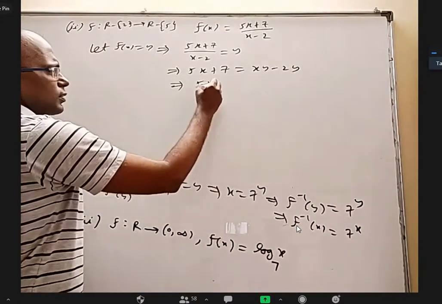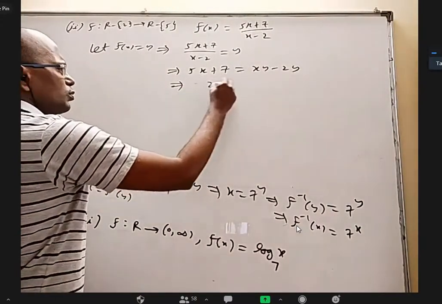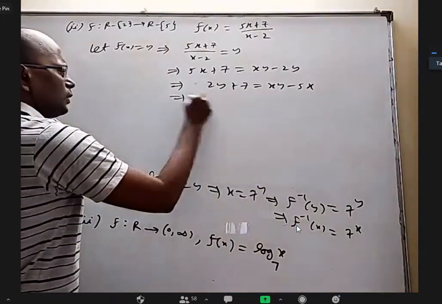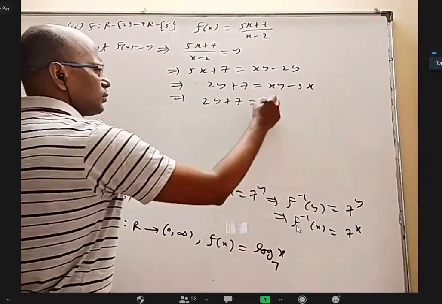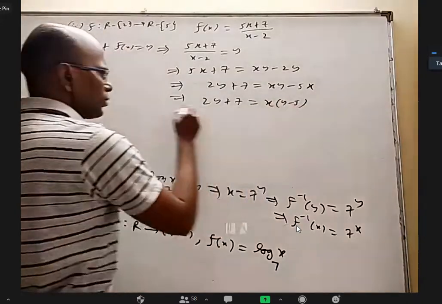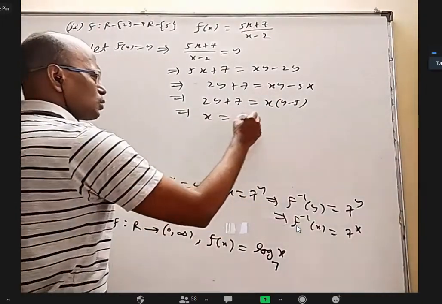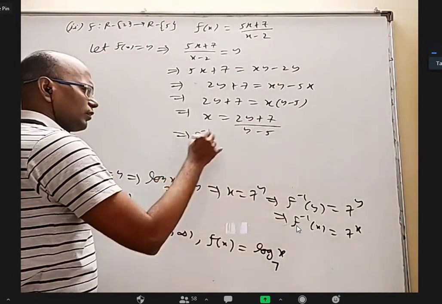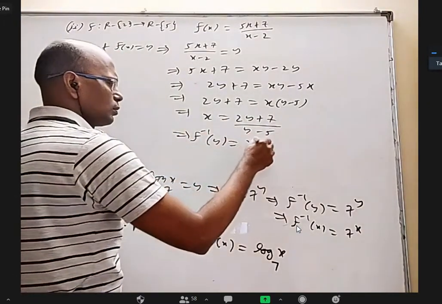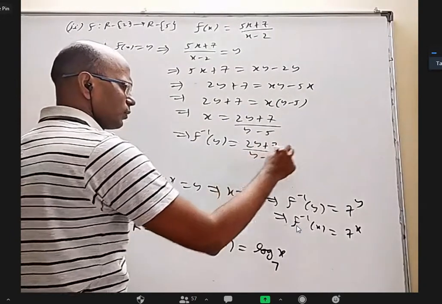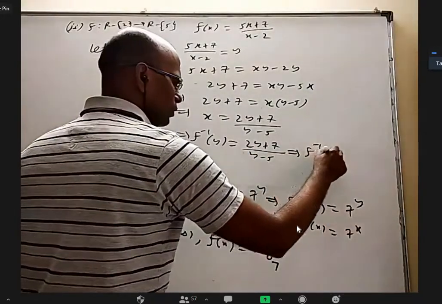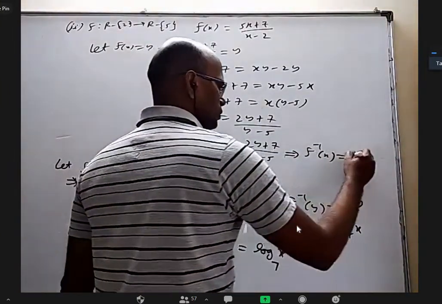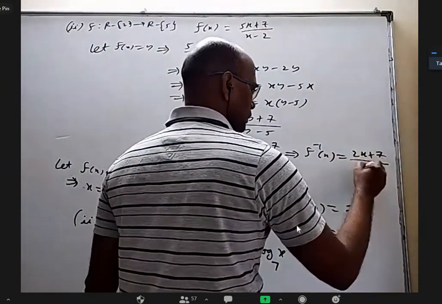So 5x, bring this side. 2y plus 7 equal to xy minus 5x. 2y plus 7 equal to x times y minus 5. So x is 2y plus 7 by y minus 5. So f inverse y is equal to 2y plus 7 by y minus 5. So f inverse x is 2x plus 7 by x minus 5.